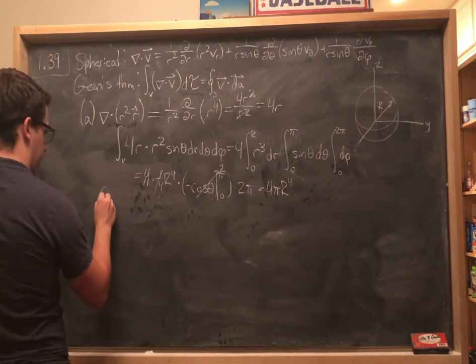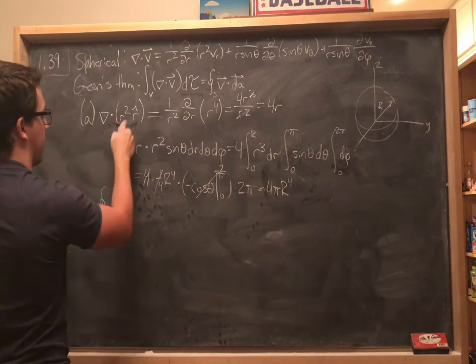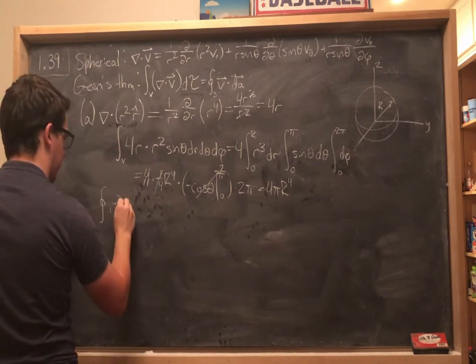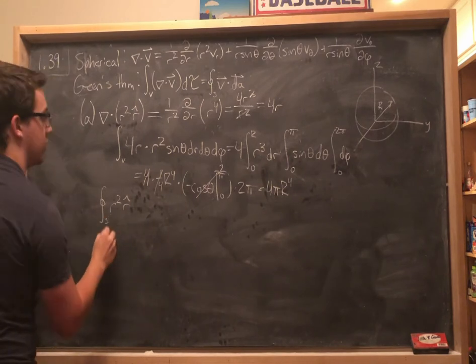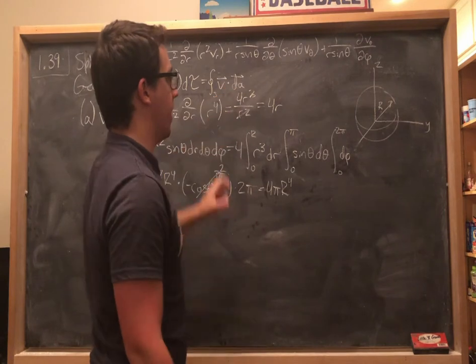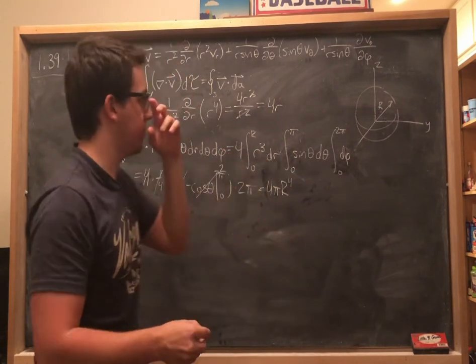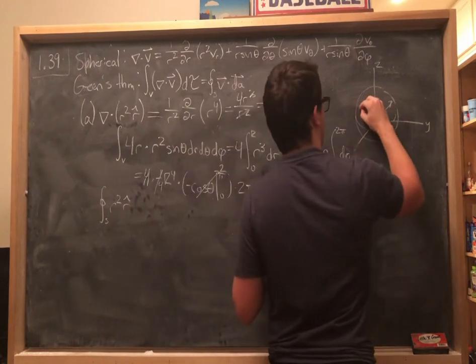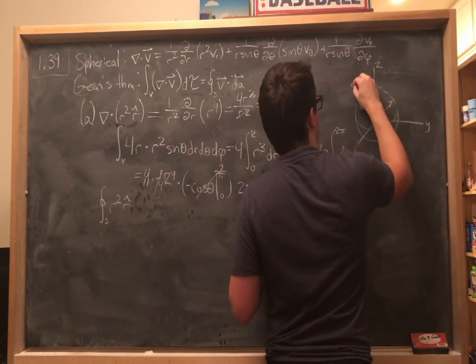So, v, of course, is our r squared r hat, and it is dotted with this element of area on the spherical shell. It would look like that.